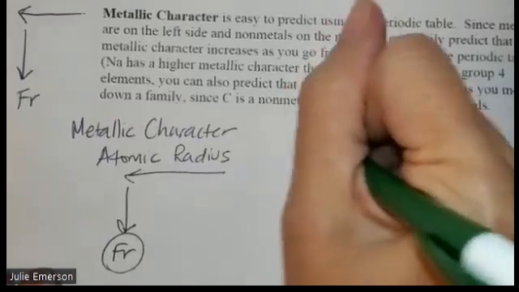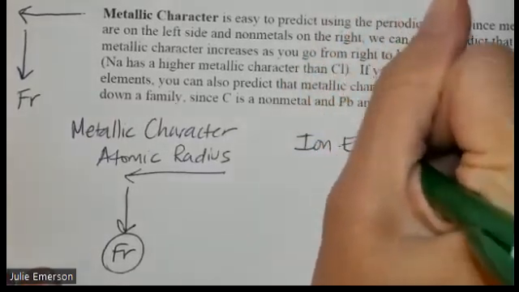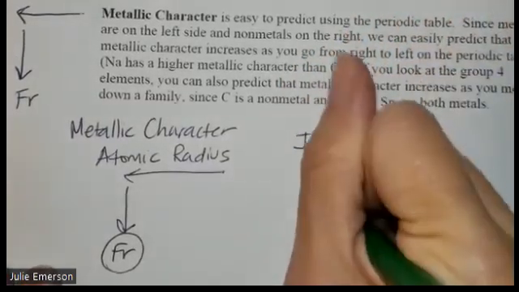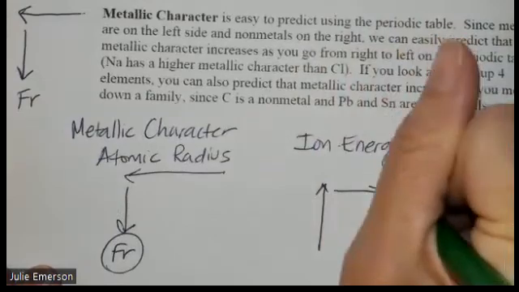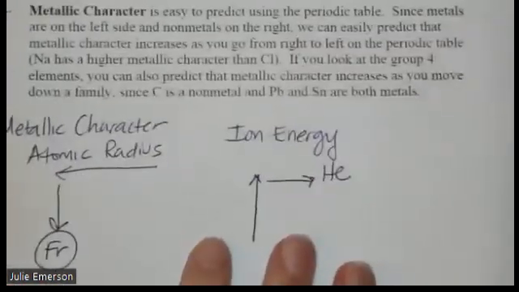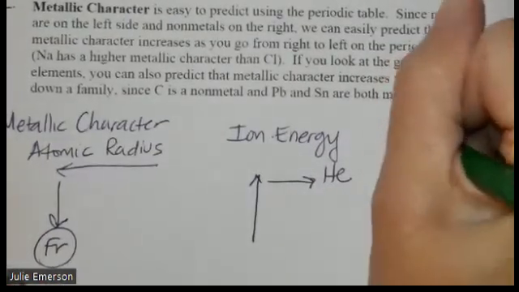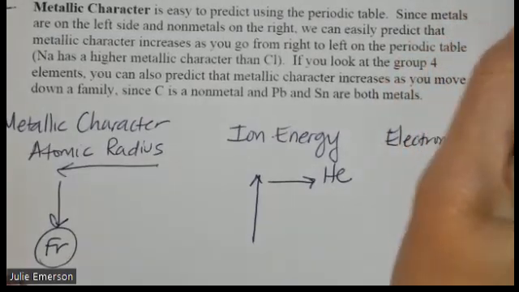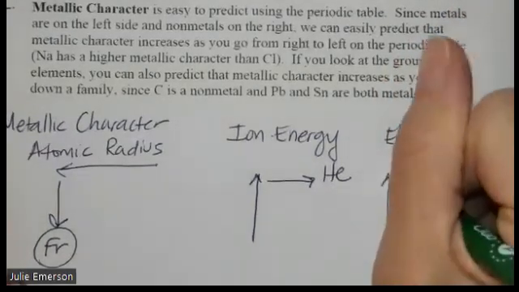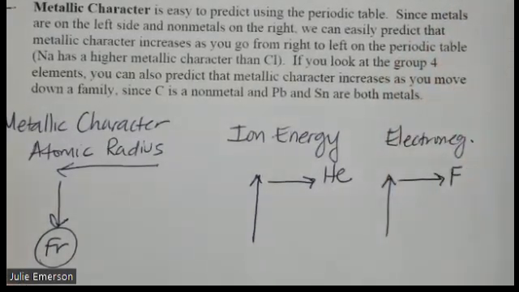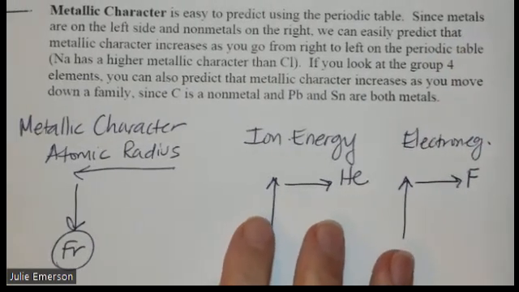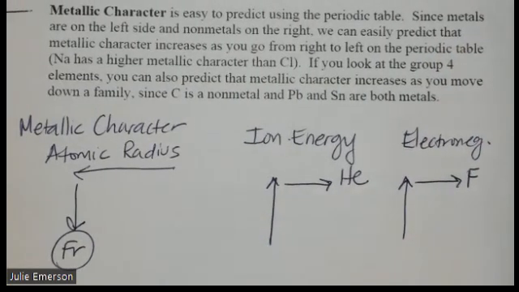All right, ionization energy. Remember, IE goes to HE, increasing up and to the right, the exact opposite trend. And then electronegativity looks the same, up and to the right, we just stop a column short, we go to fluorine. All right, so those are our four trends, and that completes chapter 9.